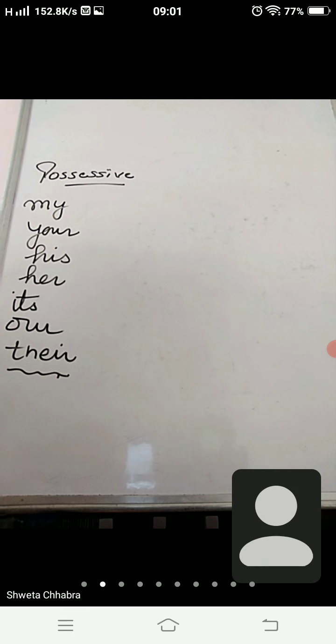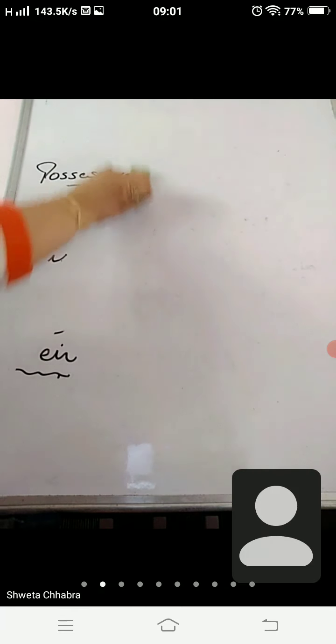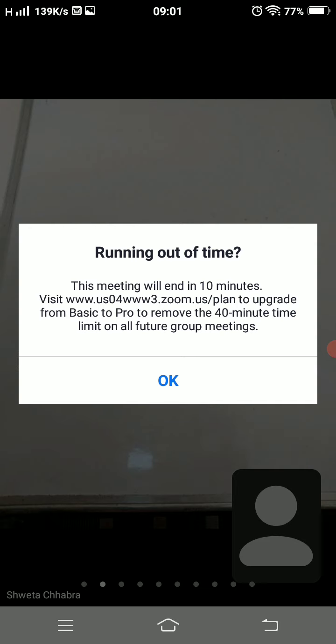Now I am going to take some examples from exercises A, B and C from your books. So let's do it fast. Determiner exercise A, page number 46. Dash hat is this.